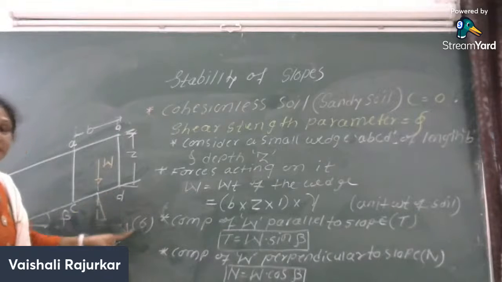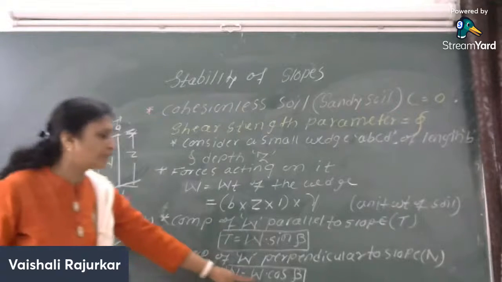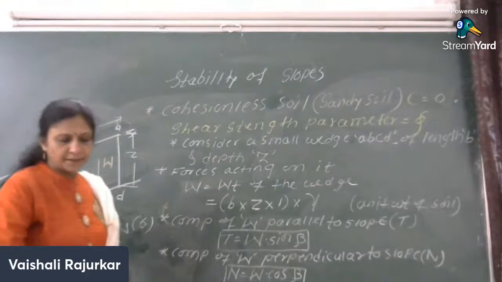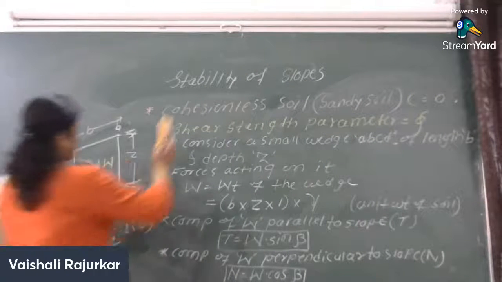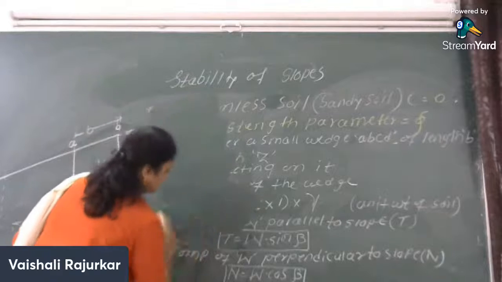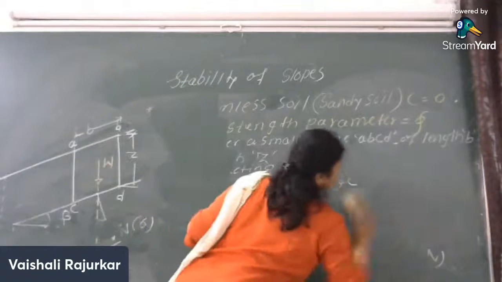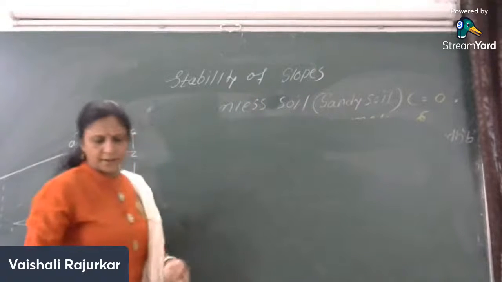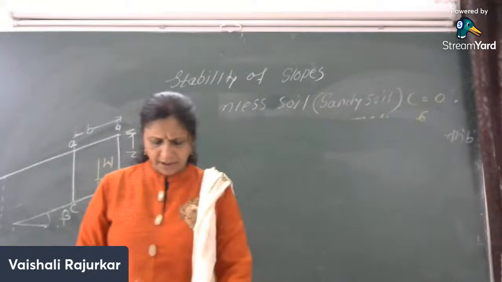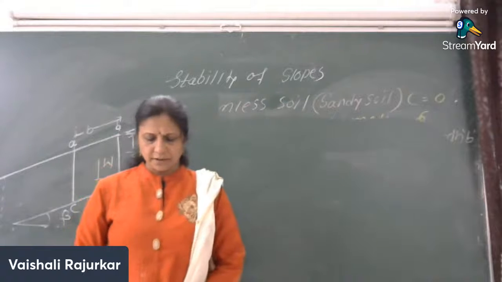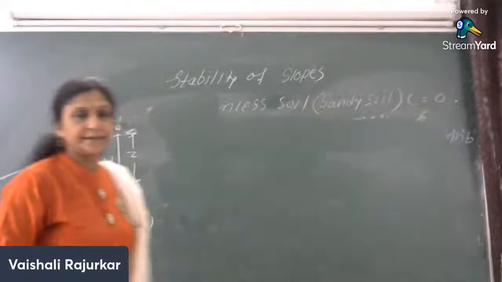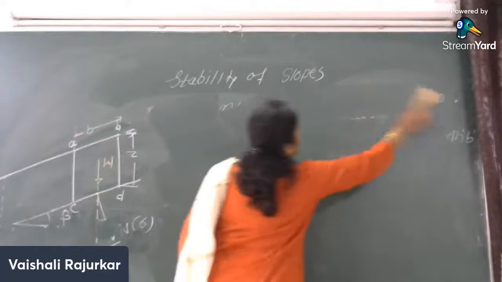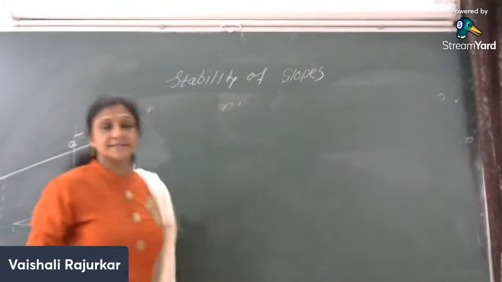Perpendicular to the slope is the normal component, which is W cos beta, and the other is W sin beta. Here the force that causes the slope to slide is considered to be the activating force, and another is a resisting force.